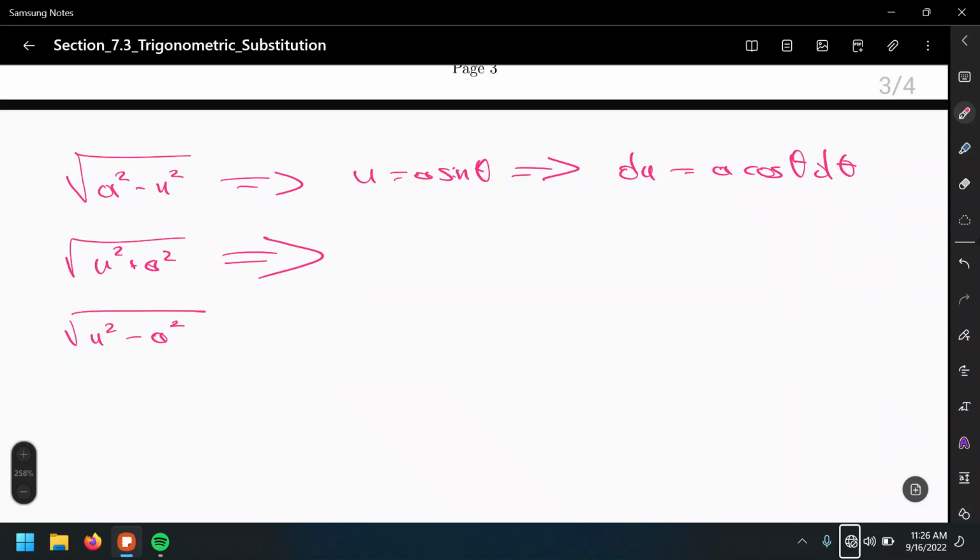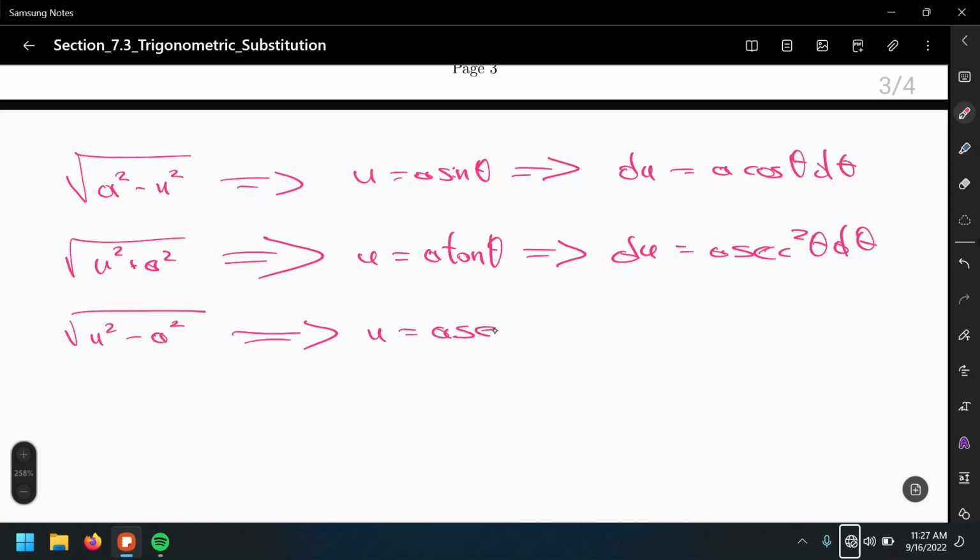If you have this form, use the substitution u equals a tangent theta, which means du will be a secant squared theta d theta. And last but not least is going to be u equals a secant theta, which is du equals a secant tangent in this case.